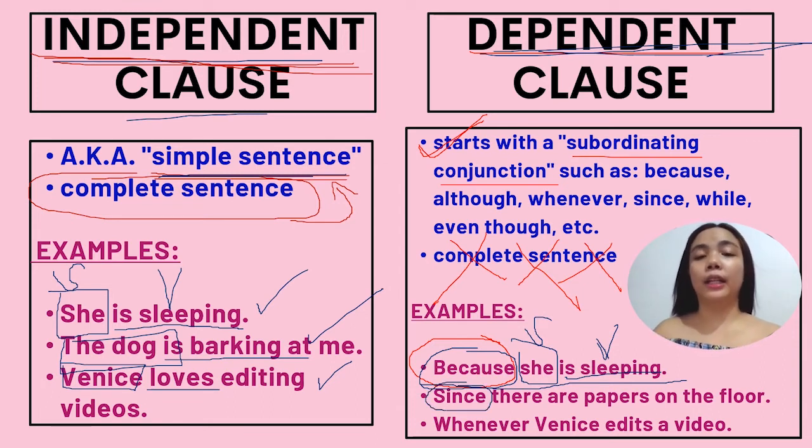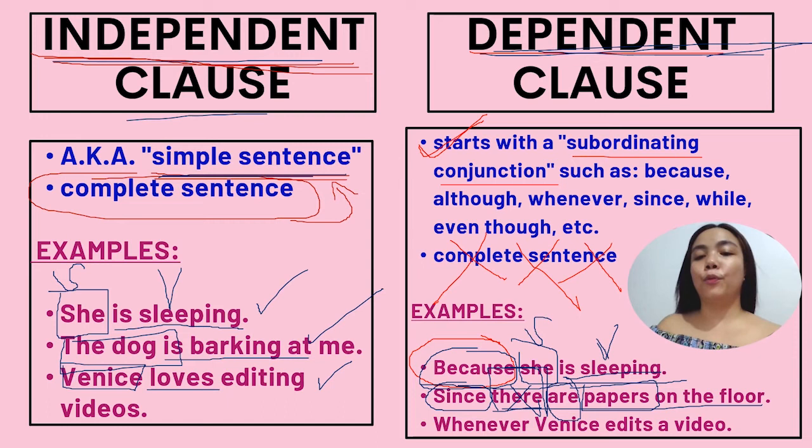Since is a subordinating conjunction. And it still has a subject. The subject is papers. The linking verb is are. When a sentence starts with there, remember, there is not the subject.